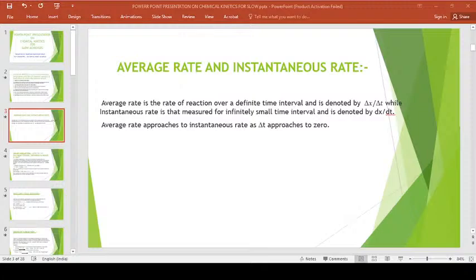Molecularity of a reaction is defined as the number of reacting molecules of all substances taking part in a chemical reaction. Reactions may be unimolecular, bimolecular, or trimolecular, depending upon the number of reactant molecules involved in a reaction is 1, 2, or 3 respectively.